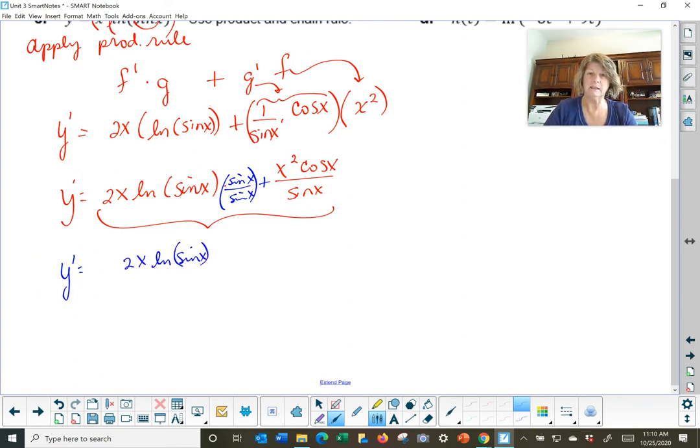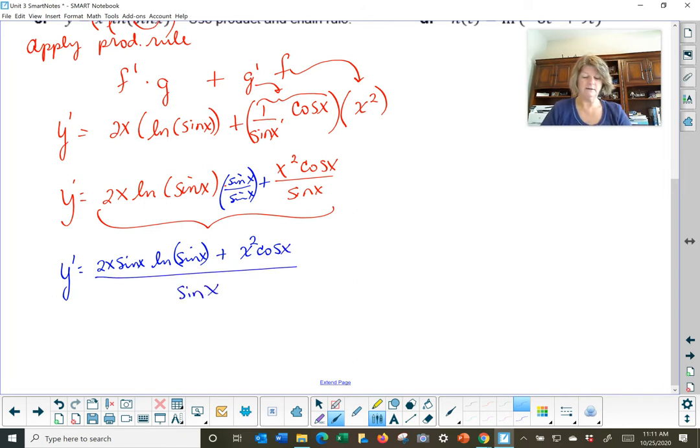I'm going to keep parentheses just because I think it is more clear. I've got times the sine of x. You know what? I like that to be up front, so I'm going to write 2x sine x natural log of sine x plus x squared cosine x, all divided by common denominator of sine x.